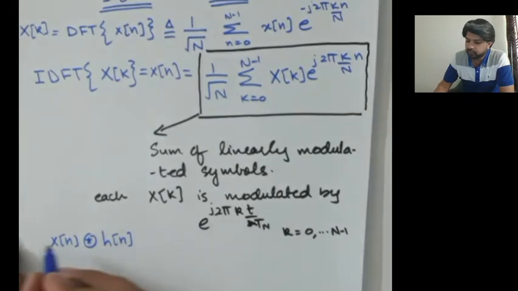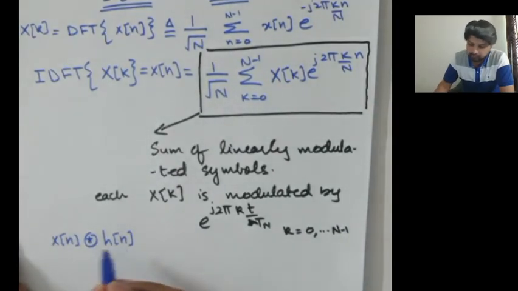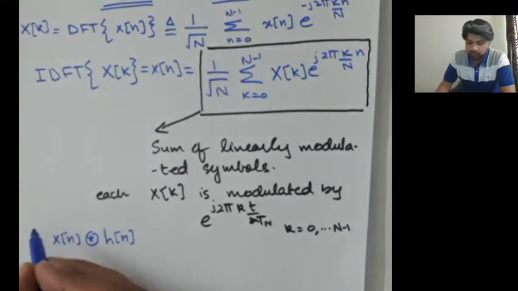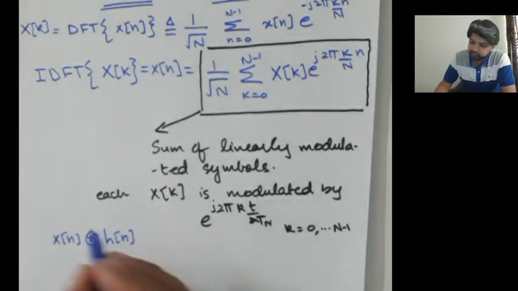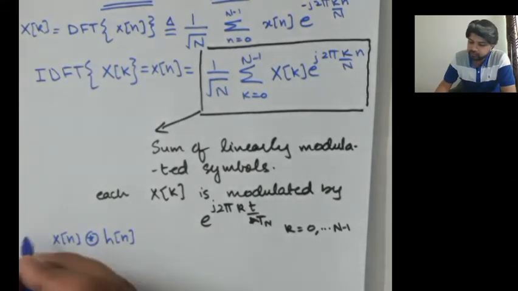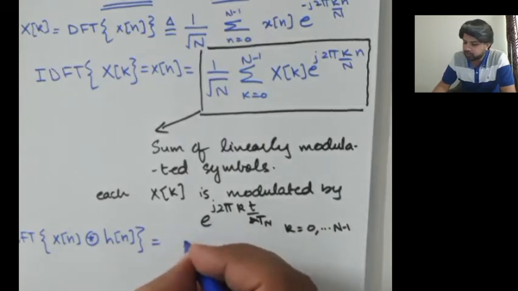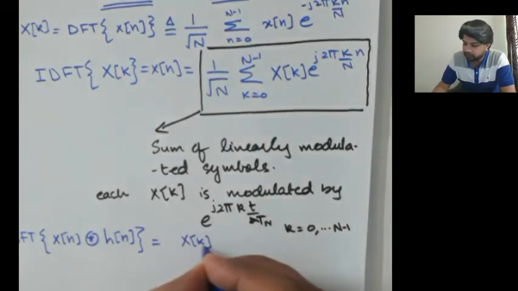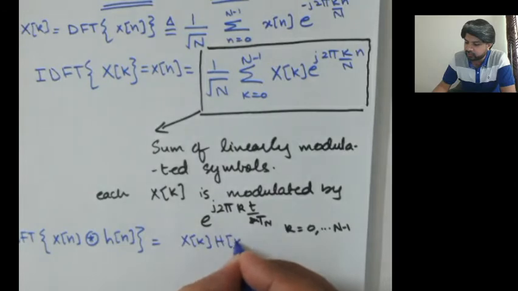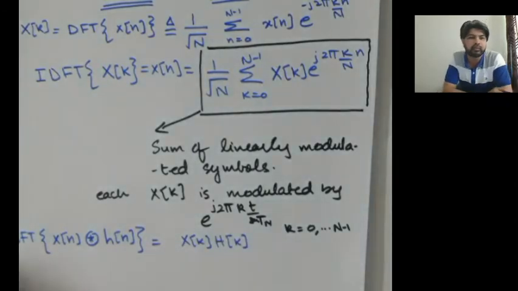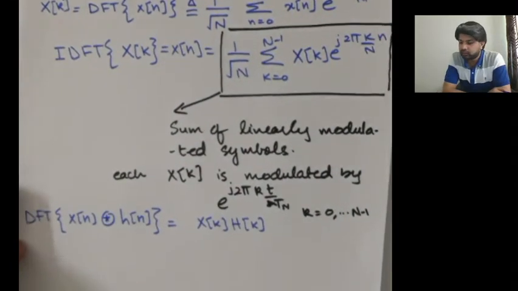We will define that in a moment. But if you take the discrete Fourier transform of this quantity, that would be equal to x of k times h of k in the frequency domain, in the transform domain, which is different from the actual setting.